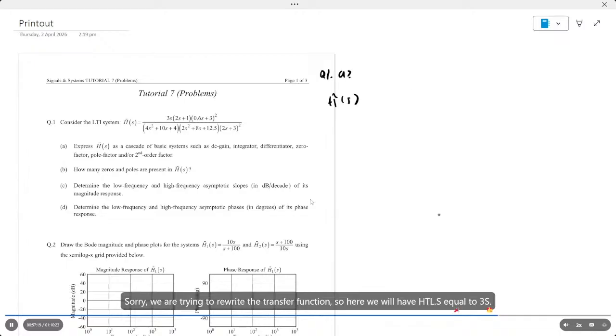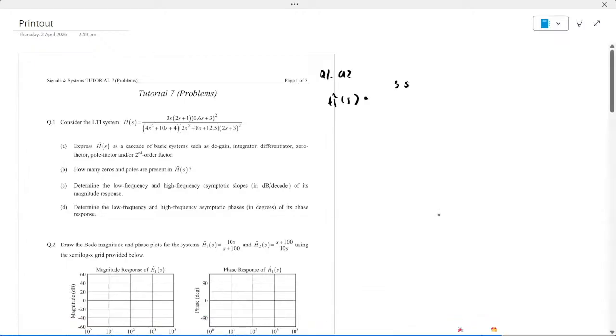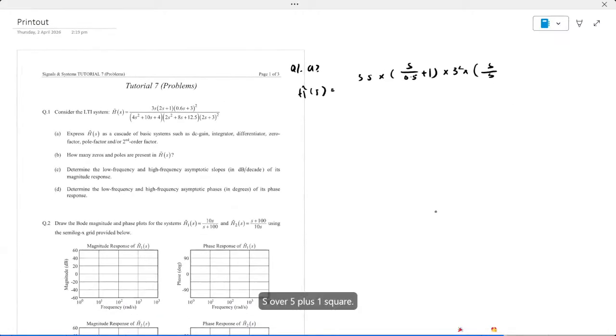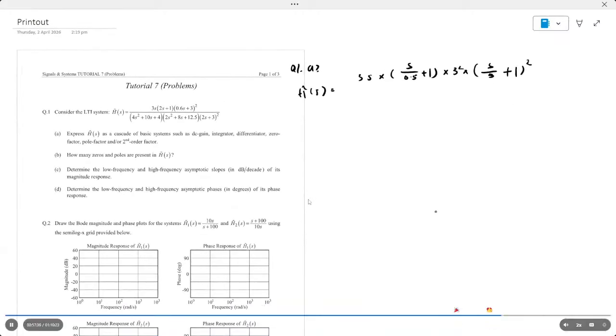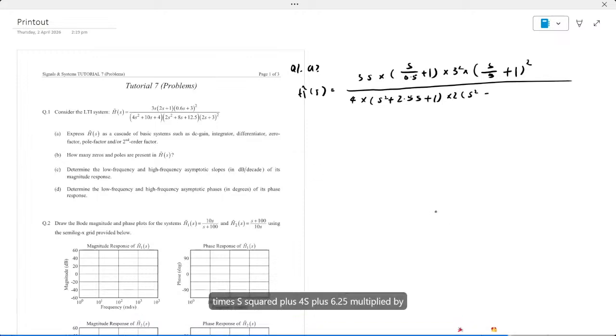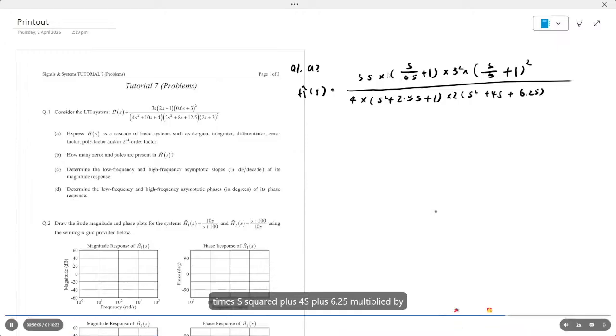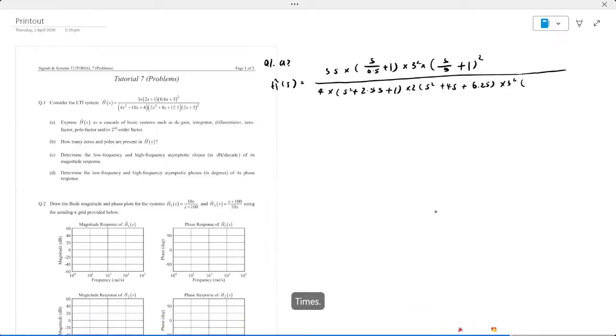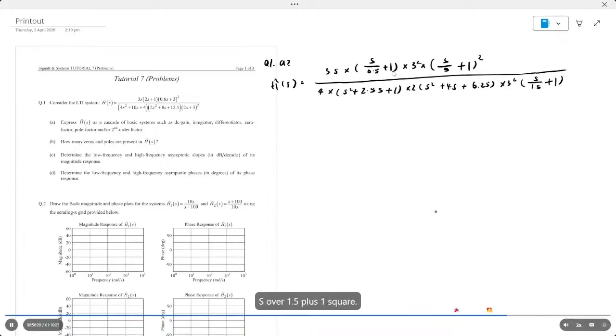So here we will have HTL(s) equal to 3s multiplied by s over 0.5 plus 1 multiplied by 3 square times s over 5 plus 1 square, and then divided by 4 multiplied by s squared plus 2.5s plus 1 multiplied by 2 times s squared plus 4s plus 6.25 multiplied by 3 square times s over 1.5 plus 1 square.